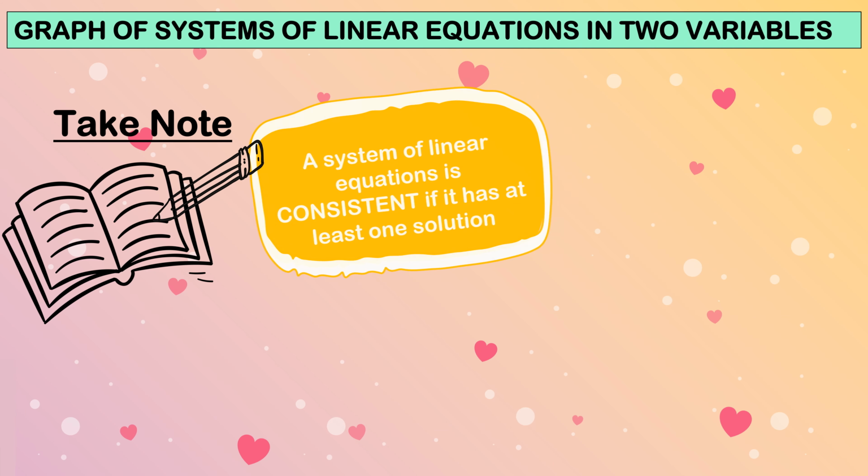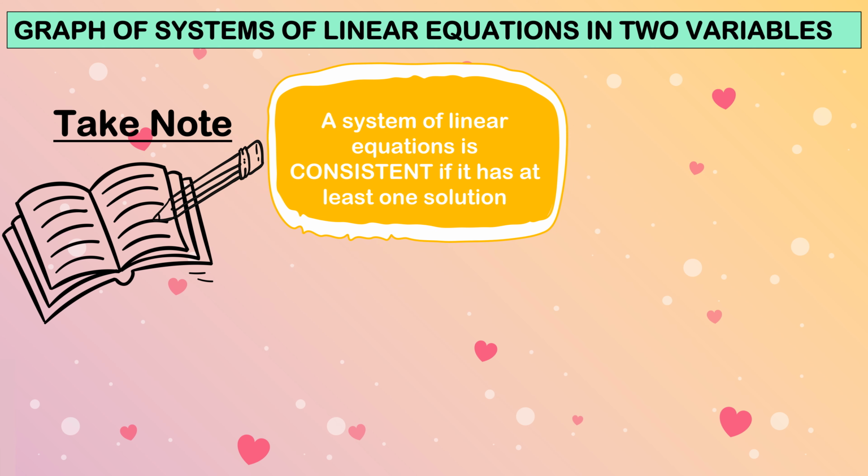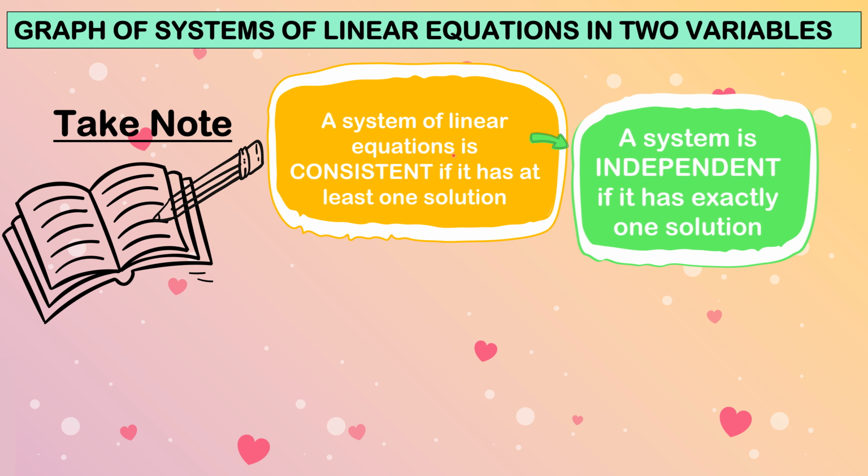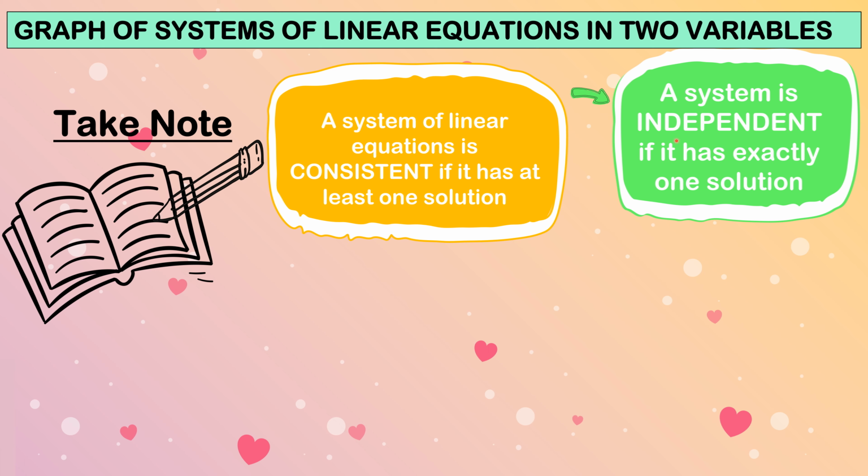Take note to remember that a system of linear equations is consistent if it has at least one solution. Katulad nung ating first graph kanina, which is intersecting lines, and our second graph, which is coinciding lines. Next, a system is independent if it has exactly one solution.